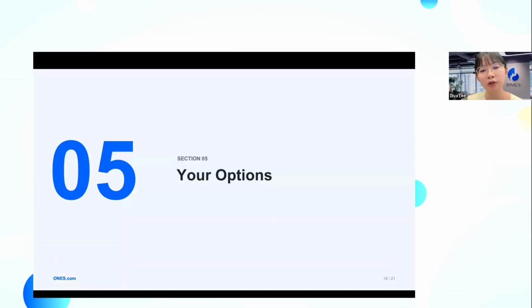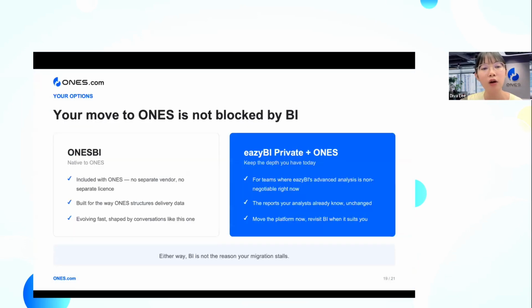So what if some customers would like to stay with eazyBI? The answer is that besides the ONES BI that we built for ONES customers, we also have another option: if you would like to stay with eazyBI, it's also possible to integrate ONES with the eazyBI private version. So you can keep the way you use eazyBI and stay familiar with it, with fewer changes during the transition.